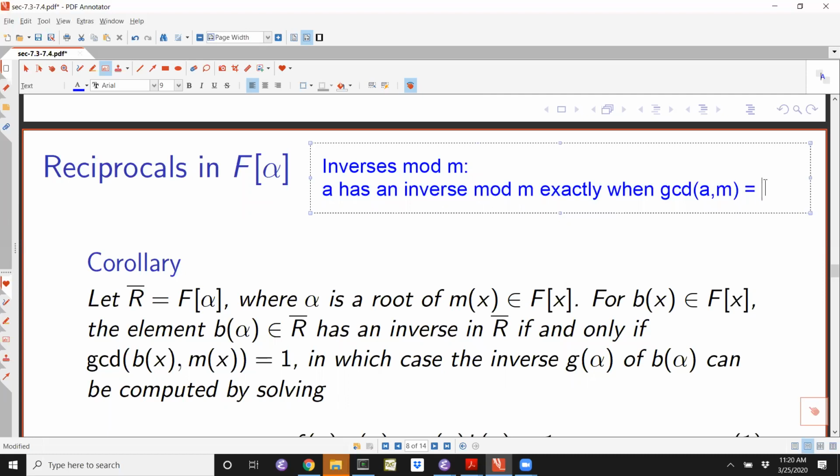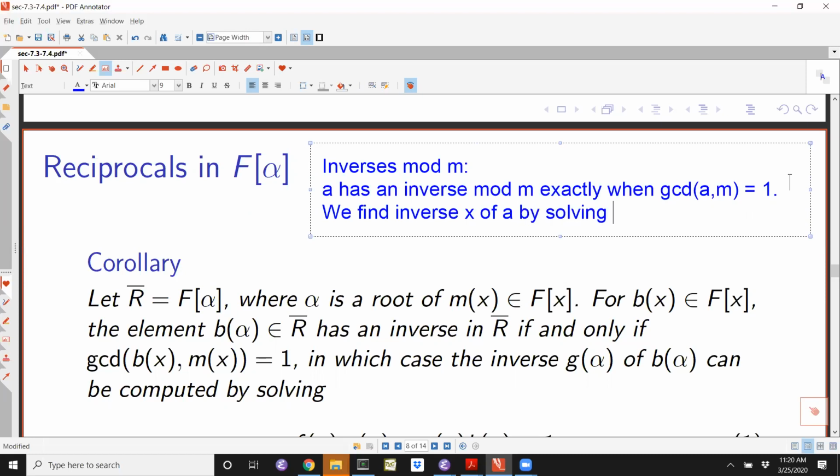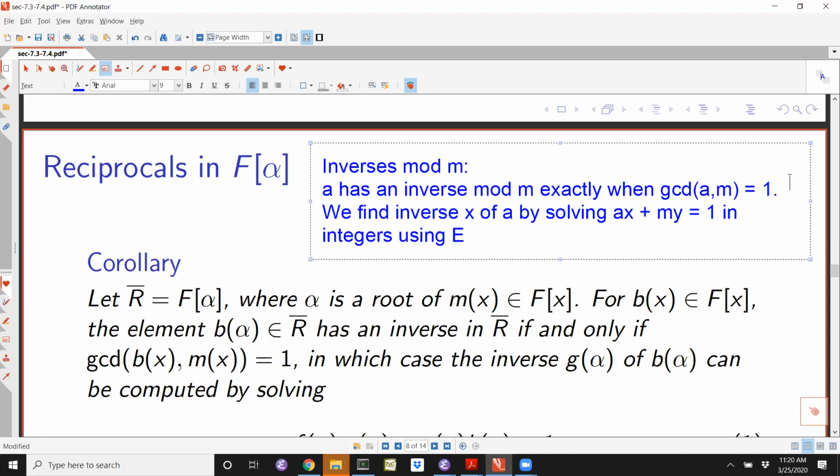And remember that we find the inverse x of a by solving ax plus my equals 1 in integers using Euclidean reduction.